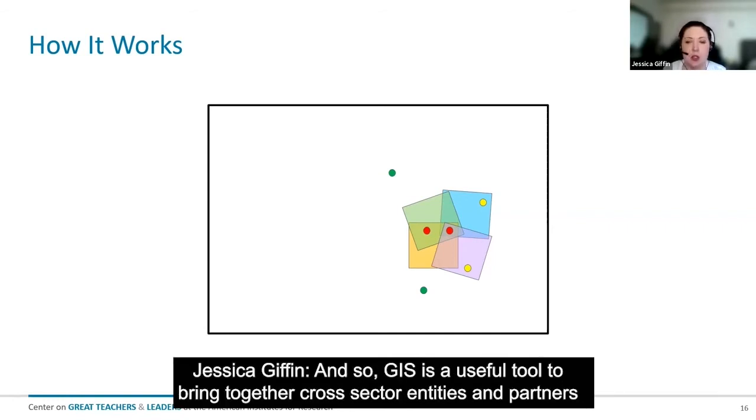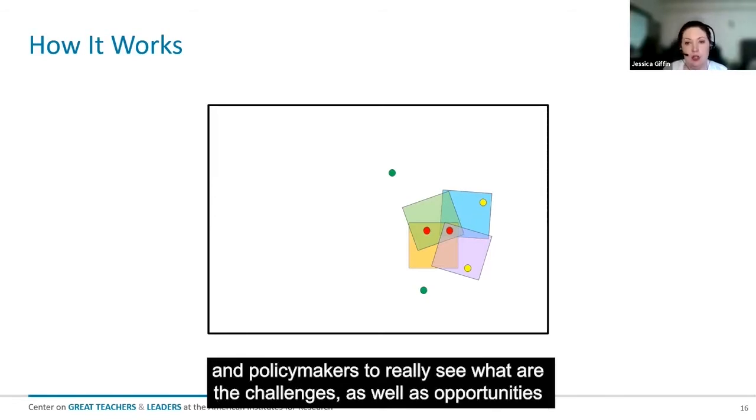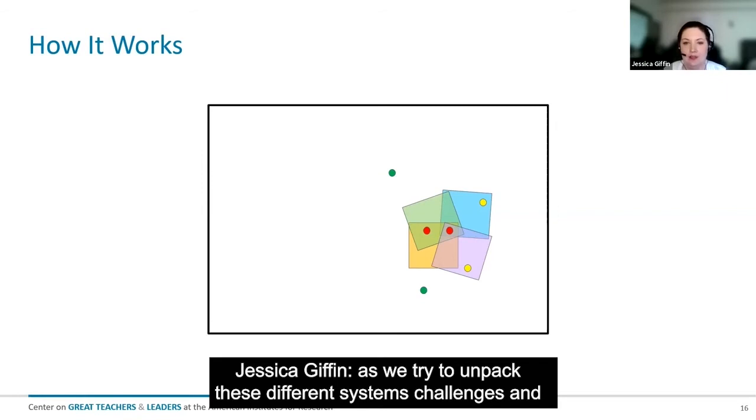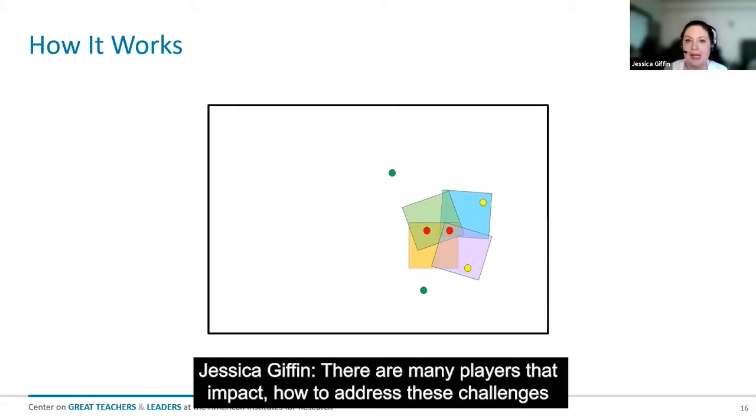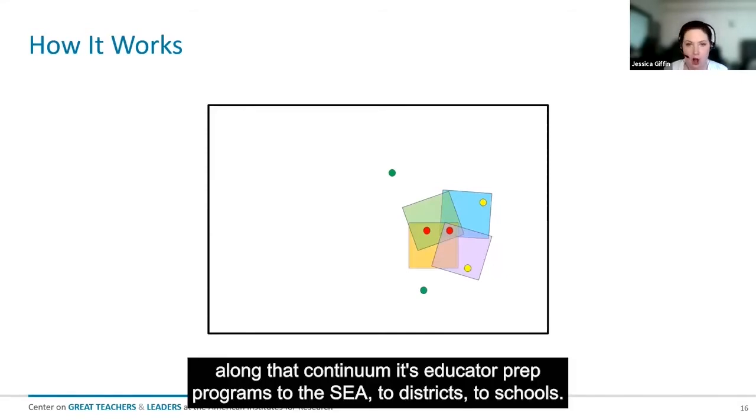And so GIS is a useful tool to bring together cross-sector entities and partners and policymakers to really see what the challenges as well as opportunities are as we try to unpack these different systems challenges. Addressing the educator workforce and diversifying it is a systems problem. There are many players that impact how to address these challenges along that continuum.